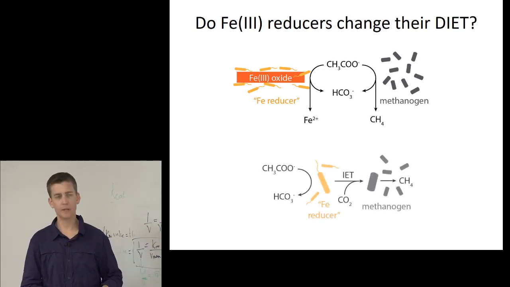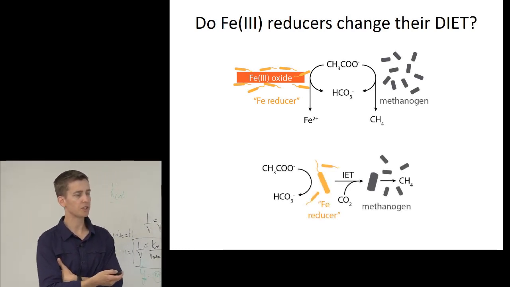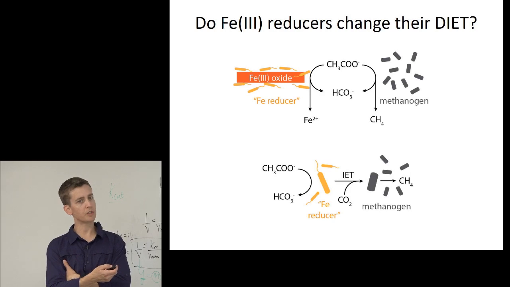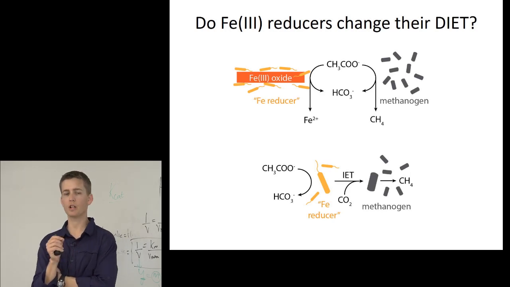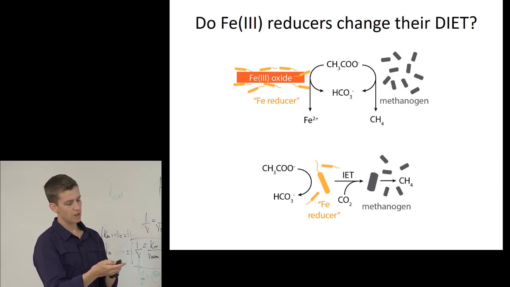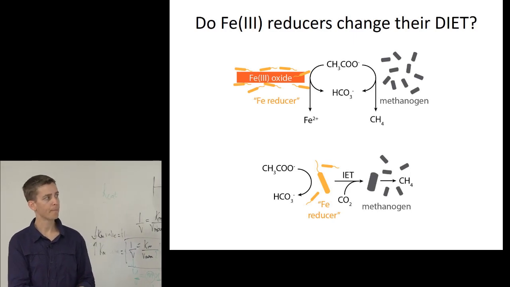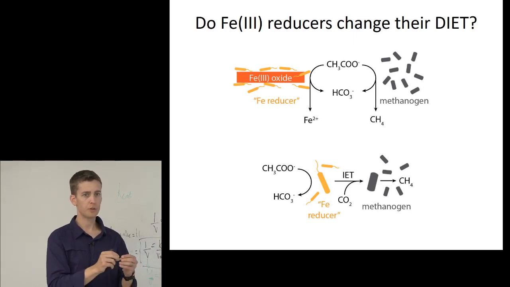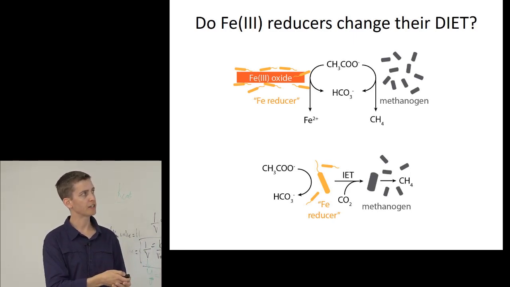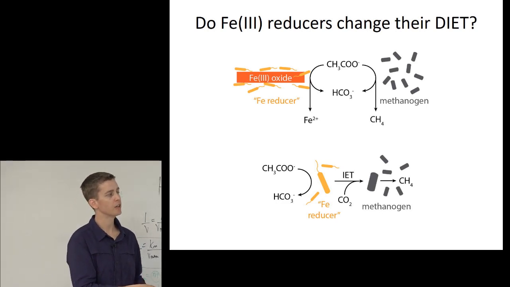But what we think happens as pH increases is that they increasingly start to participate in interspecies electron transfer. And in this case, they eat the food, and instead of transferring the electrons to the iron oxide, they hand them off to the methanogen, which puts them onto CO2 and makes methane. If it occurs through nanowires or some direct connection, it's called direct interspecies electron transfer, or DIET.